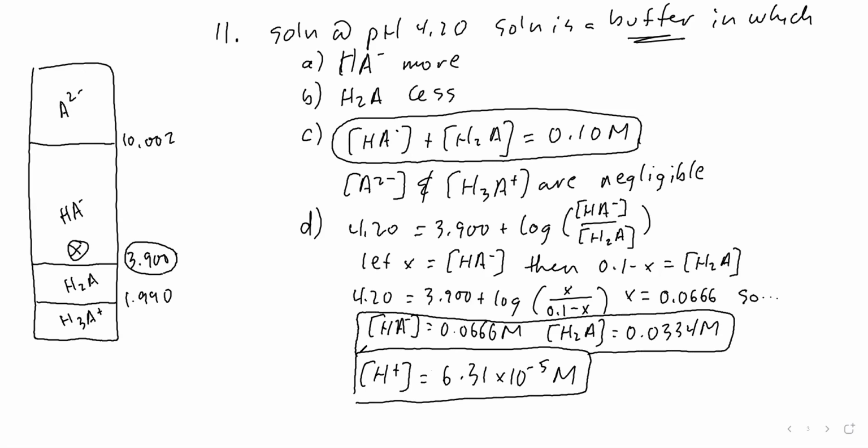What we can see is that we can now write acid dissociation reaction number 1, and we can write acid dissociation reaction number 3, and then figure out the concentrations. Even though we're saying they're negligible, we can figure out the concentrations of the A2 minus and the H3A plus from those two reactions and from their equilibrium expressions. So when we do that, here's what happens.